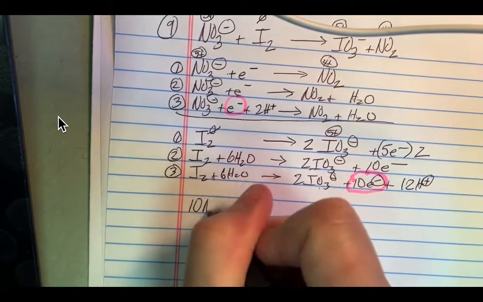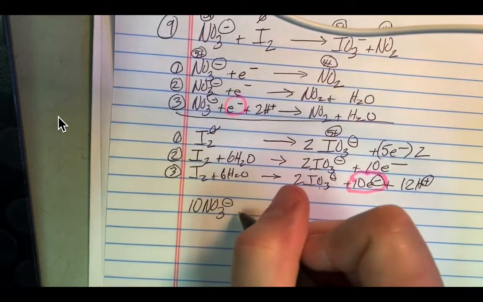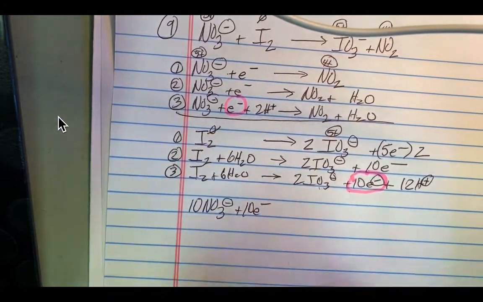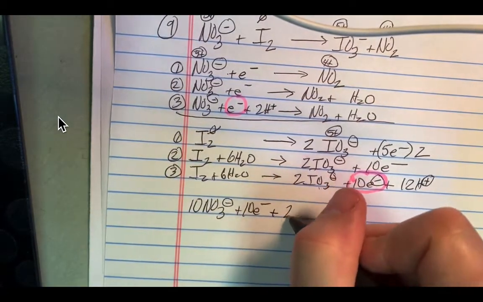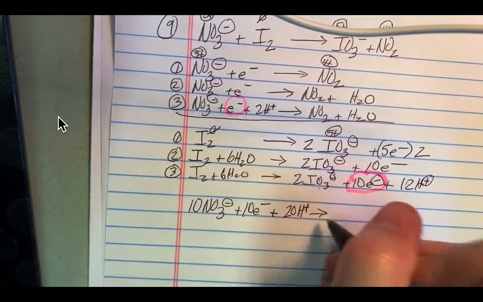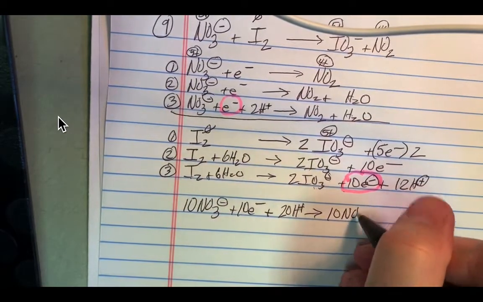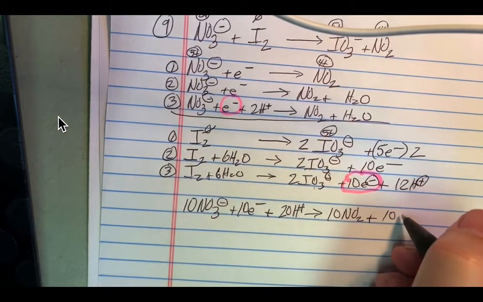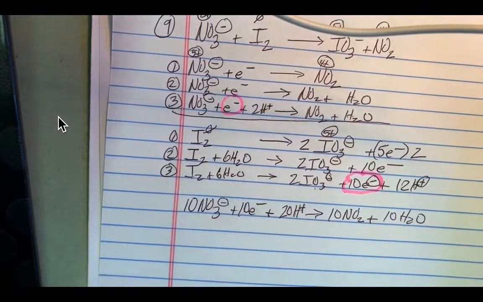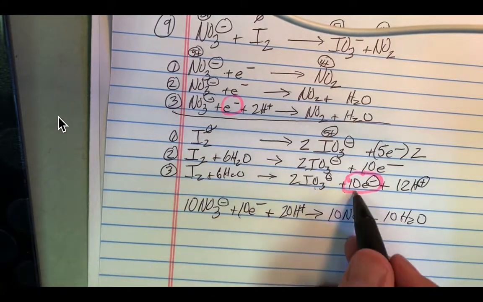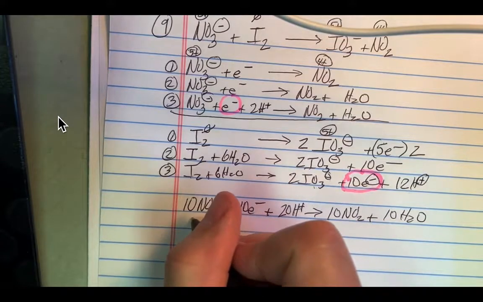If we take now 10 nitrates and 10 electrons, and now 20 H pluses, and 10 NO2s, and 10 H2Os. Now these are properly balanced, 10 electrons and 10 electrons. I'll just go ahead and rewrite this guy down here.